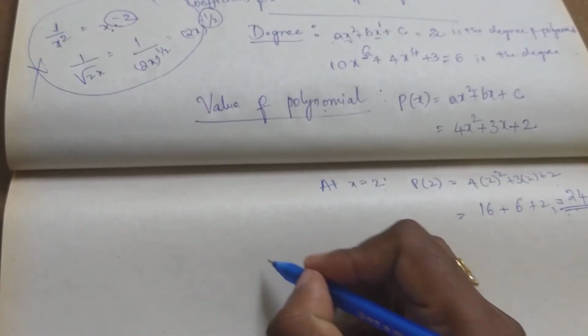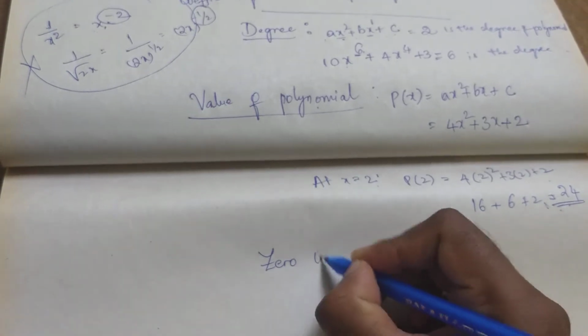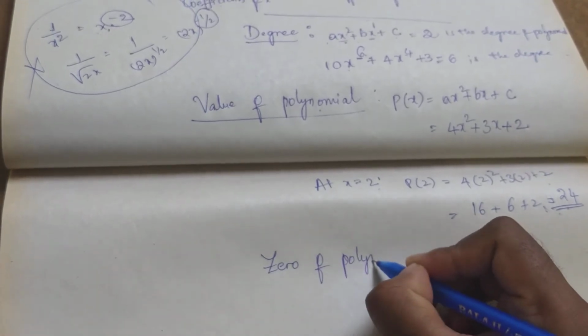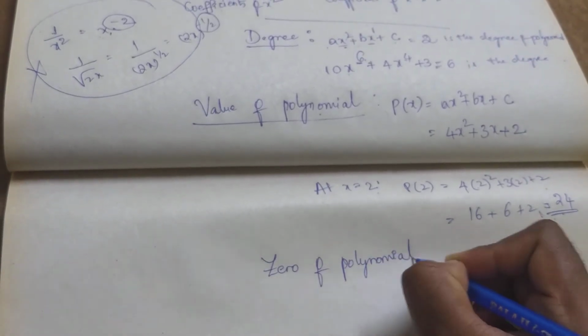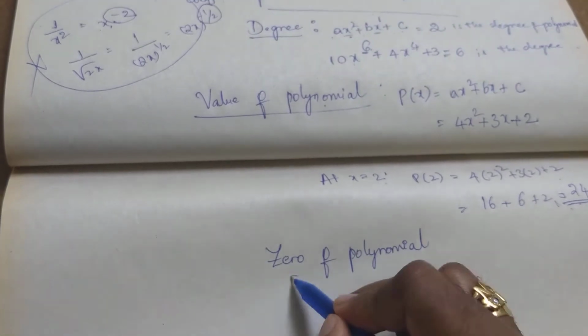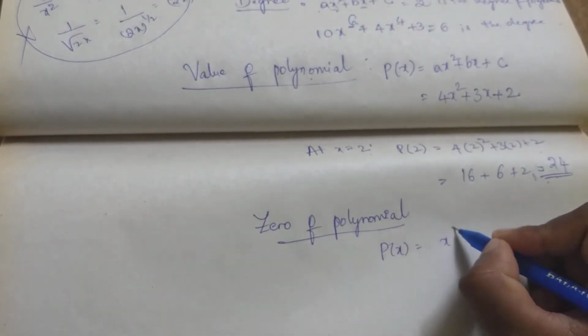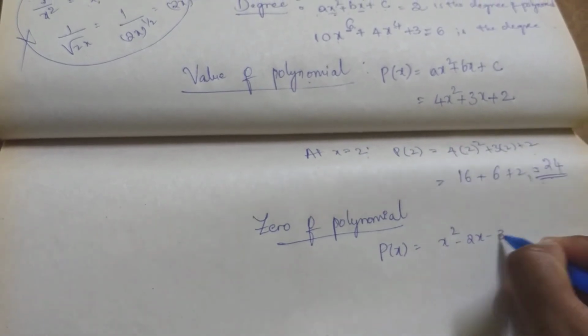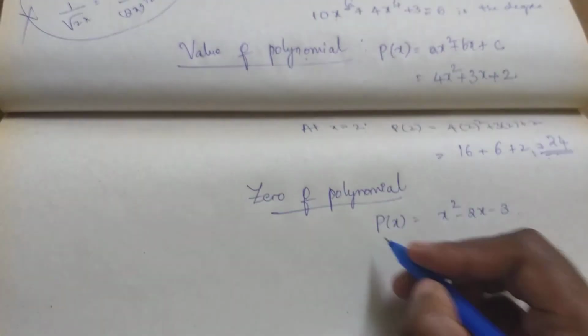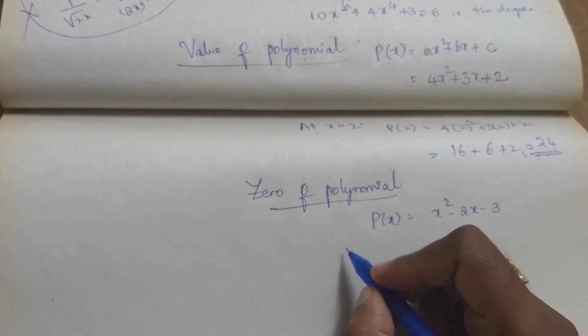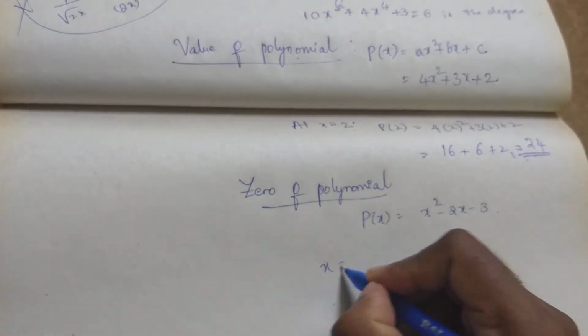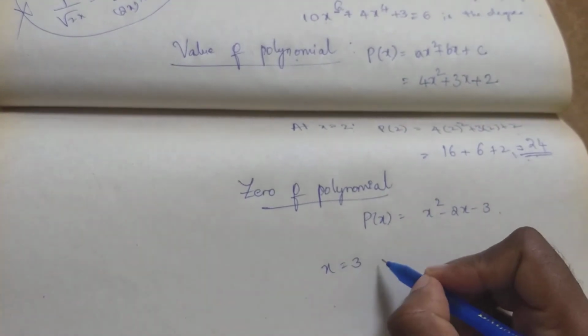What is the zero of a polynomial? Let us take an example: the polynomial is equal to x square minus 2x minus 3. Let us consider it at x equal to 3. How much will we get at x equal to 3?